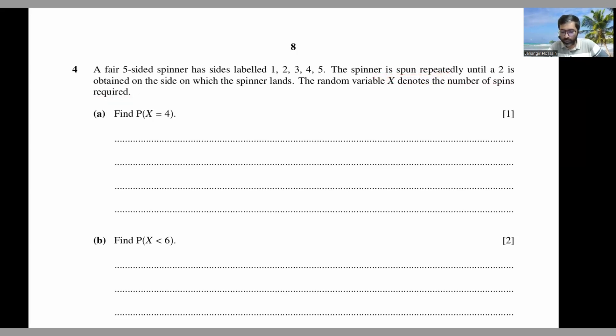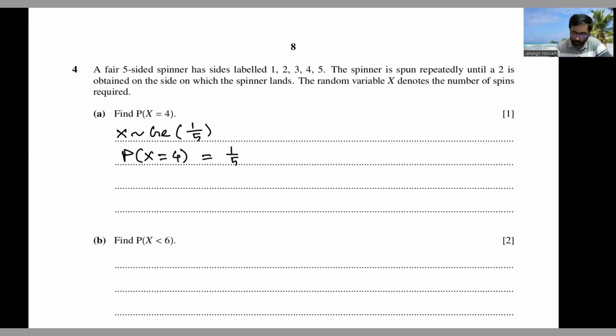We'll spin it repeatedly until we obtain a 2. So obviously, here it is not a binomial distribution, so it is a geometric distribution. So X follows a geometric distribution and the probability of scoring 2 is 1 by 5, and the number of spins required to obtain a 2 is 4.